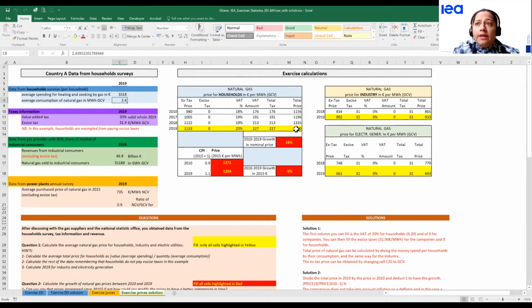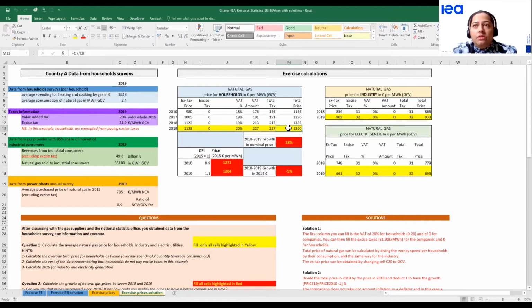So you can calculate your total price by taking your average spending and dividing by your average consumption, and you will get the price paid in euro per megawatt hour. That's what we do, and you get 1,360.